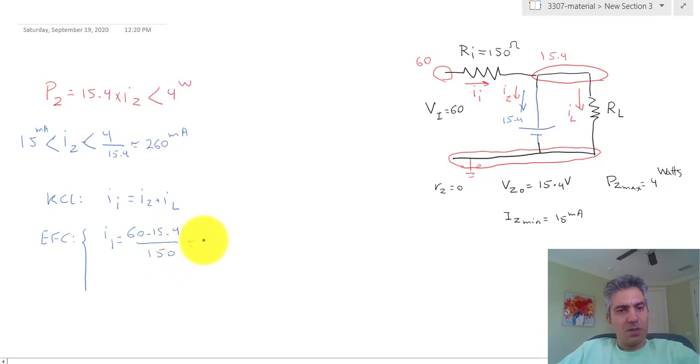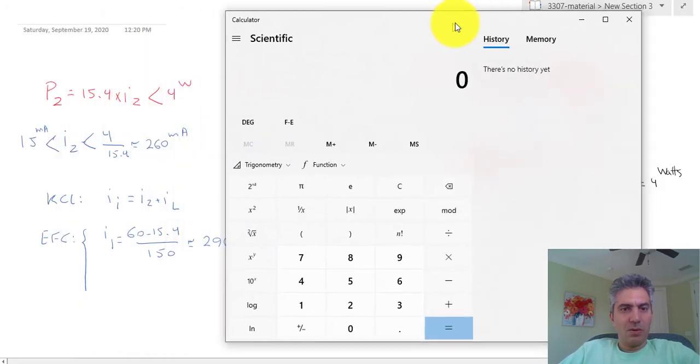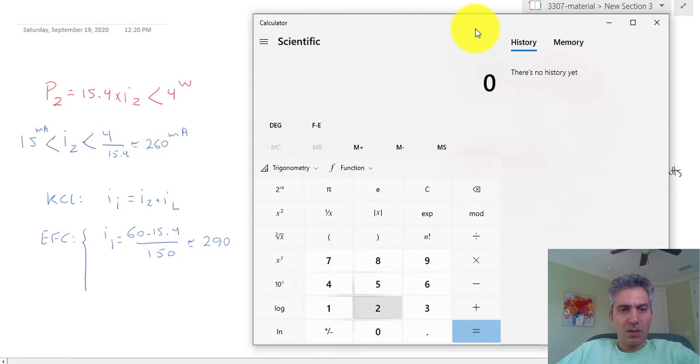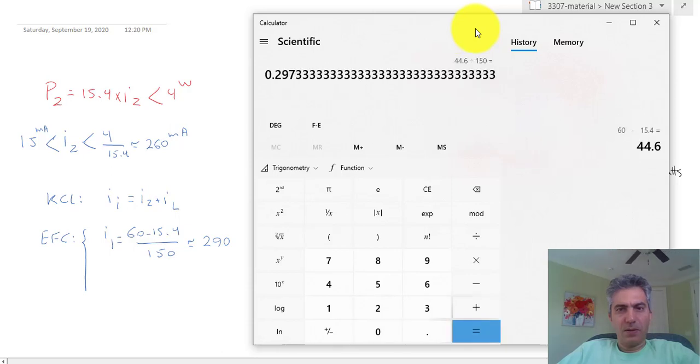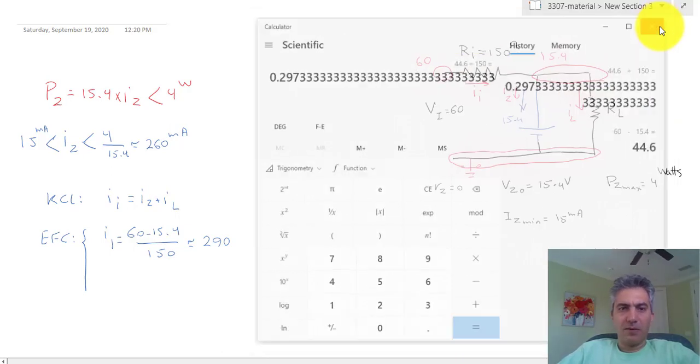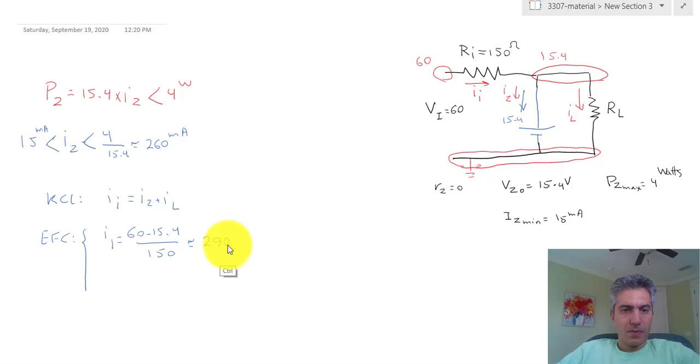That turns out to be about 290 milliamp. I can do a quick calculation here with you: 60 minus 15.4 divided by 150. Yeah, it's 297 milliamp.